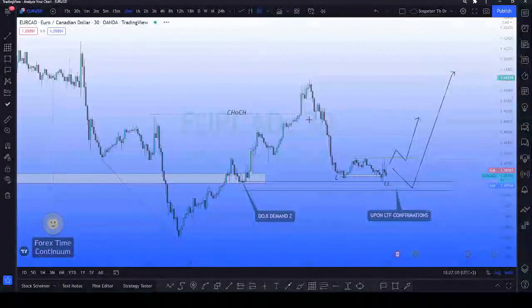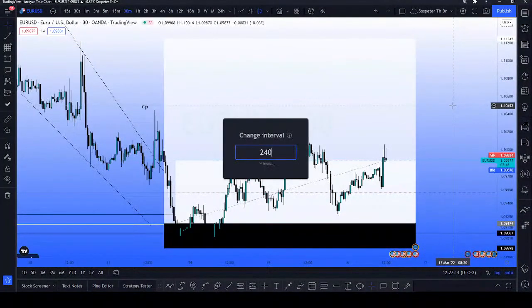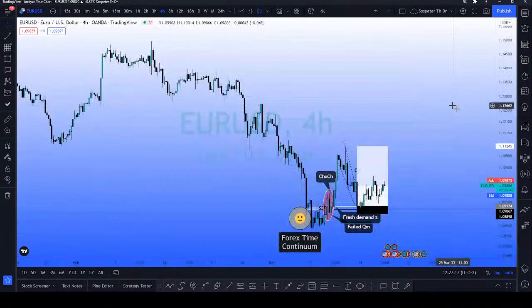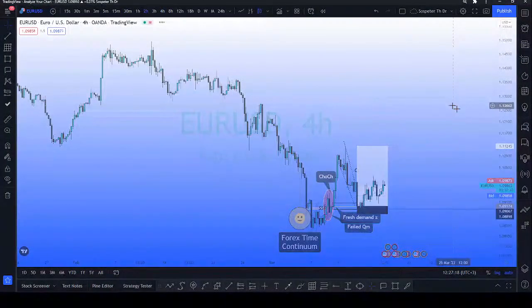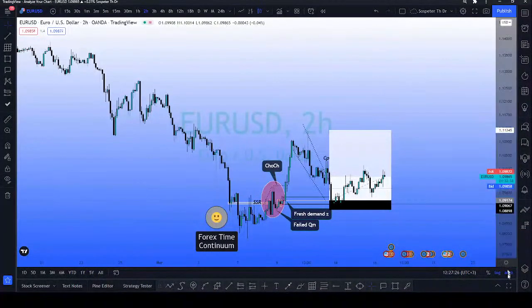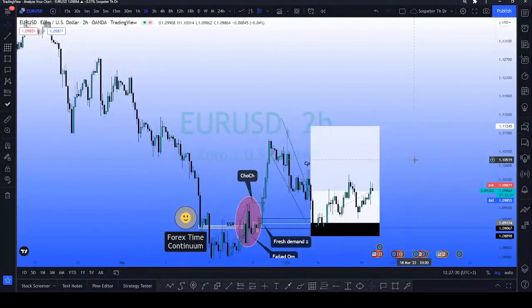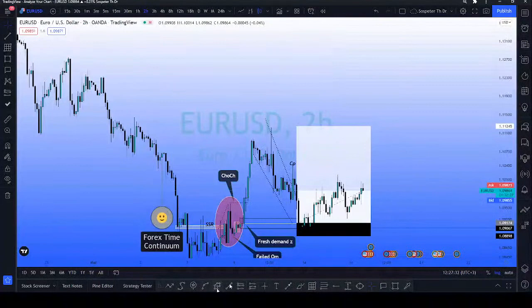I shared that setup on the 240 time frame and on the 120. I shared this setup last week. We caught the sells and now we buy. I had bagged my purchase at these opposing supply.